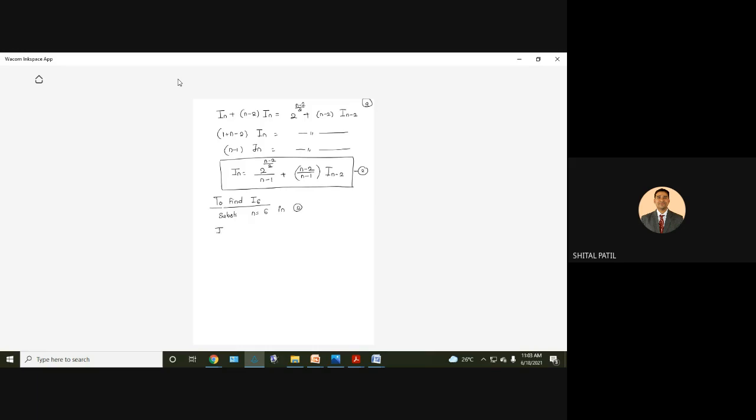Substitute I6 equal to 2 raised to n minus 2, 6 minus 2, 4, 4 divided by 2, so 2, let me write it directly, divided by n minus 1, 5, plus n minus 2, 4, divided by n minus 1, 5, and then I4. Okay, so 4 by 5 plus 4 by 5 I4, equation number 3.